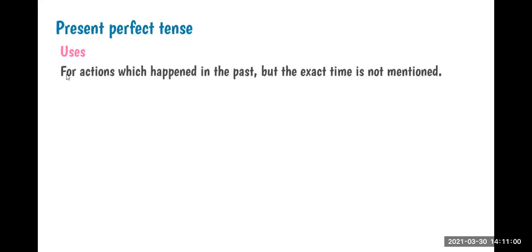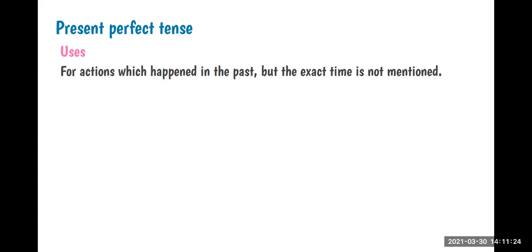Okay, so it says for actions which happened in the past, but the exact time is not mentioned. This is one of the uses for the present perfect and one of the differences between the present perfect and the past simple. Okay, because the past simple and the present perfect both are used to talk about past actions or past events.